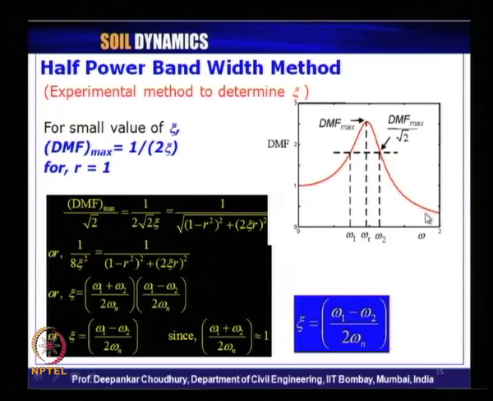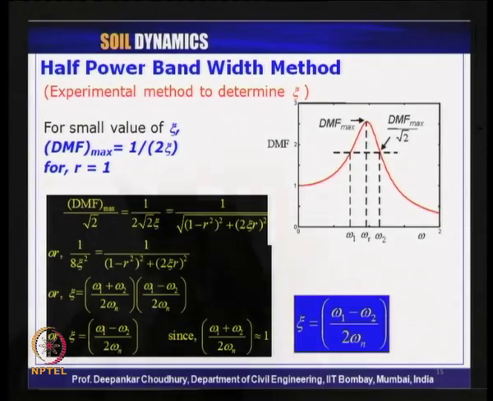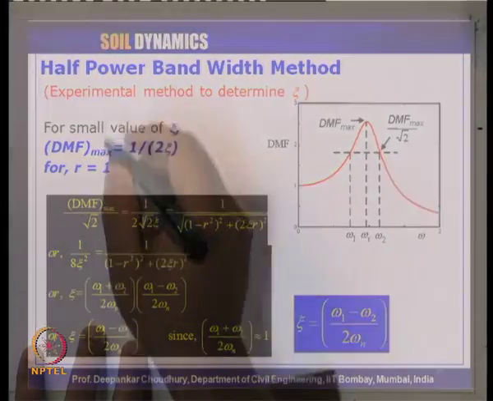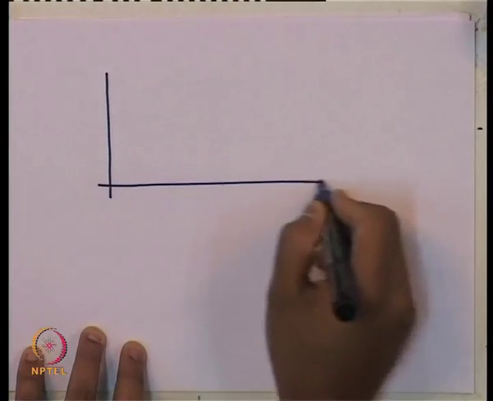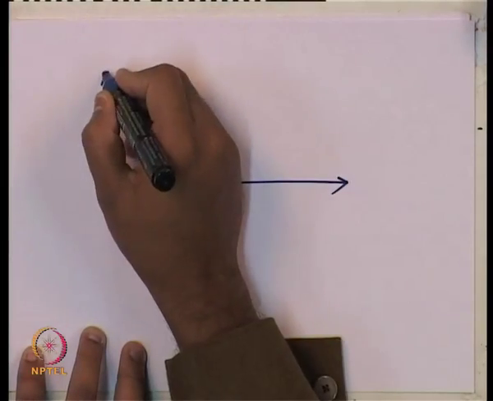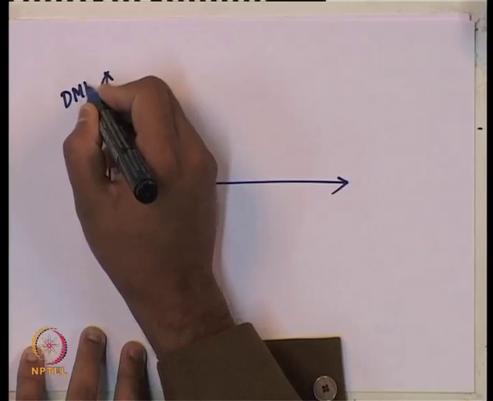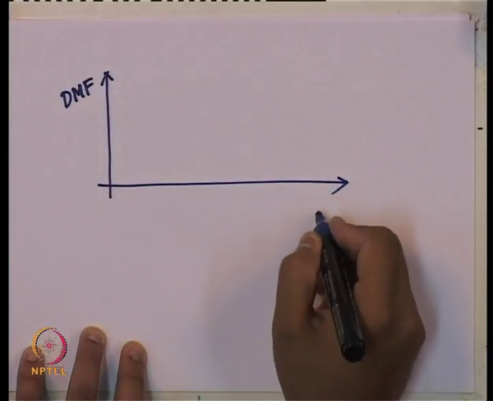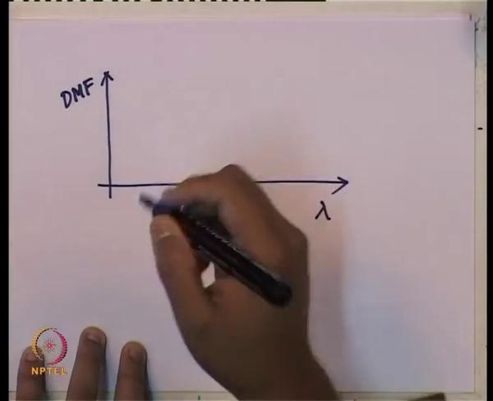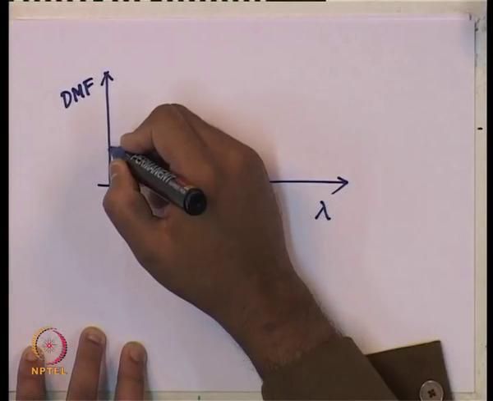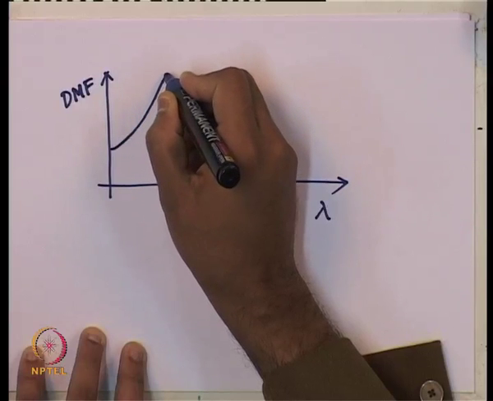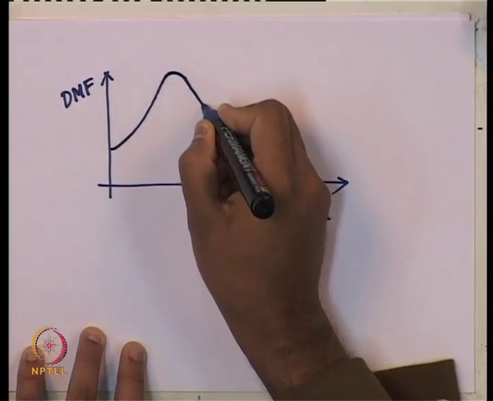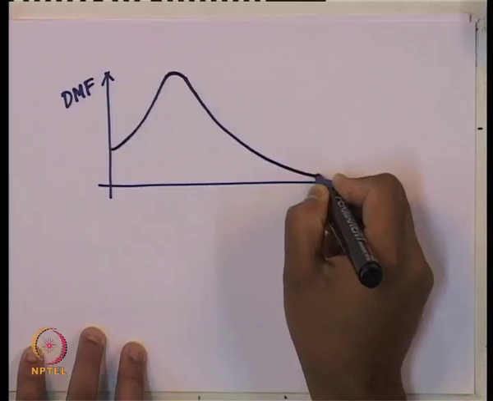In our terminology, let me express it once again for you. What we were mentioning: the DMF against the applied frequency of excitation lambda goes from here to a maximum value, then slowly comes to almost 0.